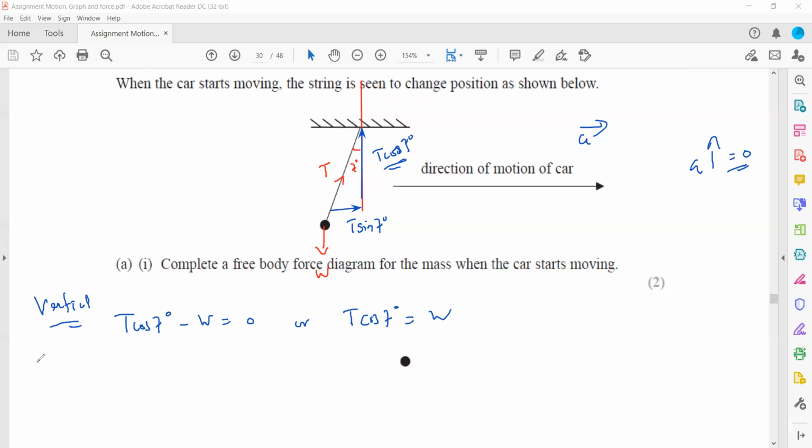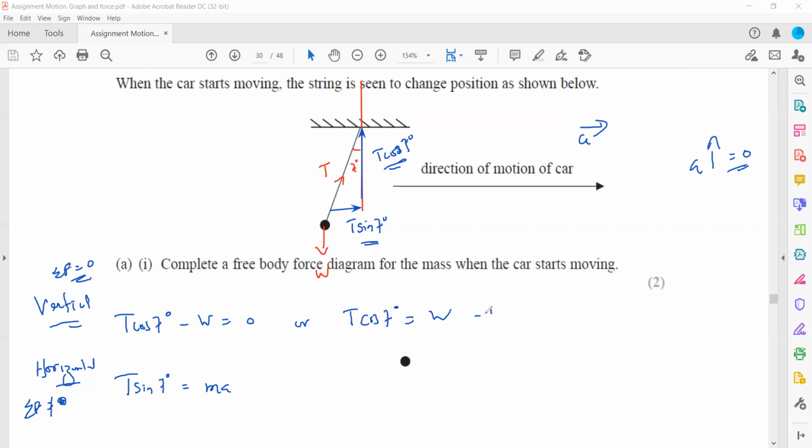And about the horizontal, because it is accelerating and t sine 7 is responsible for its acceleration, we can say t sine 7 equals ma. Why? Because horizontally there is acceleration. Acceleration is not 0. Vertically there is no acceleration, so resultant force is 0.